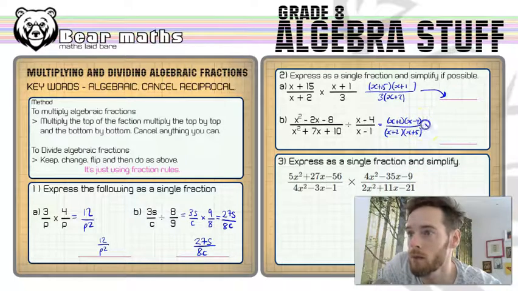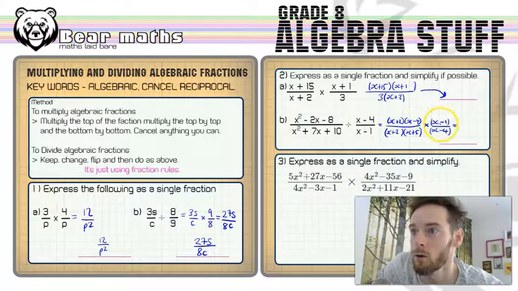And then I'm going to just write down multiplied by, and then flip this fraction upside down. So I've kept, changed, and flipped. That's going to be x minus 1 there, and that's going to be x minus 4 there. All right. So what that actually equals is that's cancelled that already. All right. So we've got x minus 4 multiplied by x minus 1. x minus 1 is really hard to write, tiny.